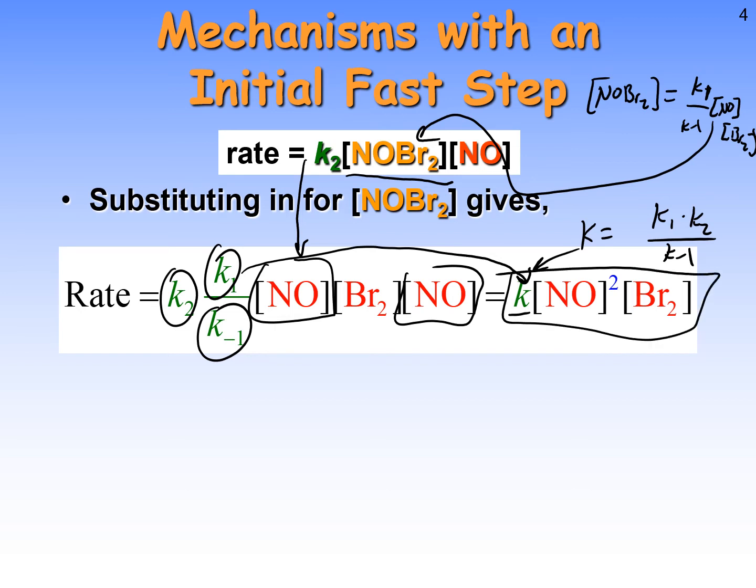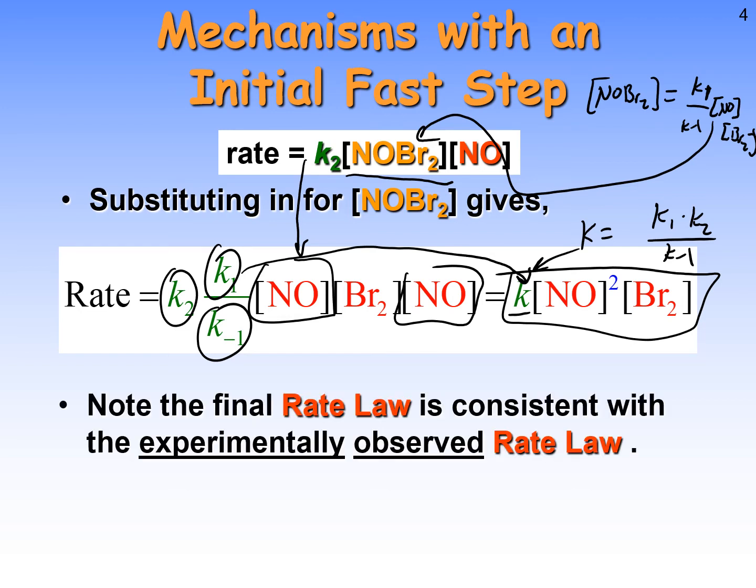So now if we go back to the beginning, we were told that the experimental rate law for this reaction was rate is equal to k times NO concentration squared times Br2. And according to this mechanism, the rate law that we proposed from the mechanism was equivalent to that, or consistent with it. This tells me that this reaction mechanism might be correct.